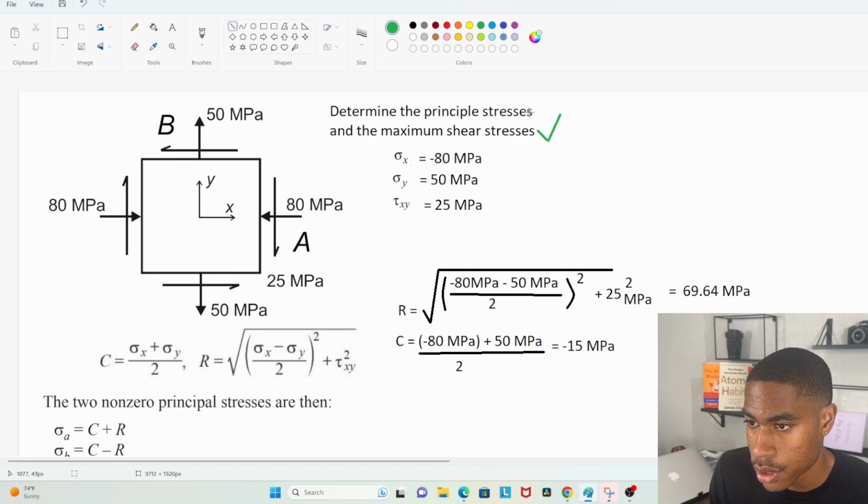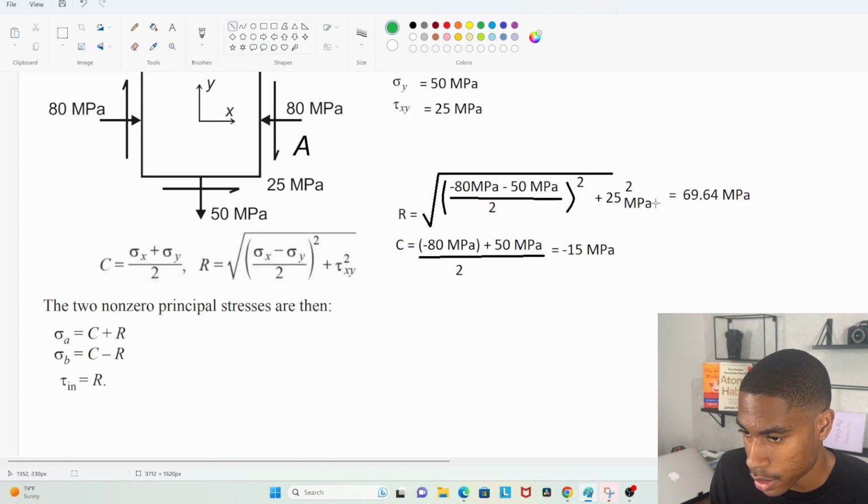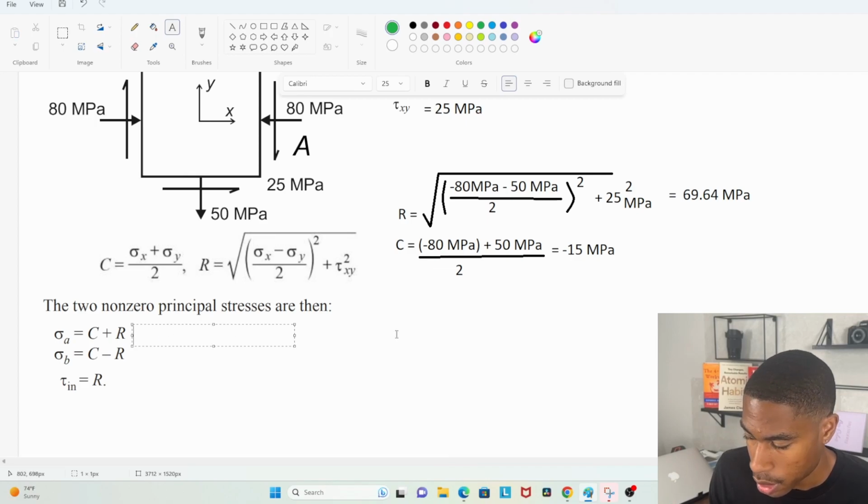All right, so what else? Determine the principal stresses. Okay, so we have C and we have R, so now we can get our principal stresses. One of our principal stresses, sigma 1, is going to be what? Got green going because we're going to pass our civil FE. All right, C is what?